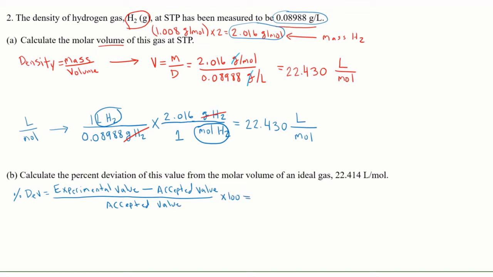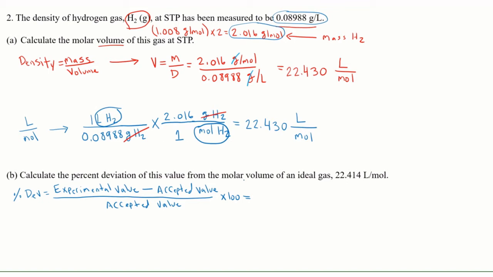So my experimental value was determined in part A of the question, 22.430 liters per mole. The accepted value is that of an ideal gas behavior, which is 22.414 liters per mole.